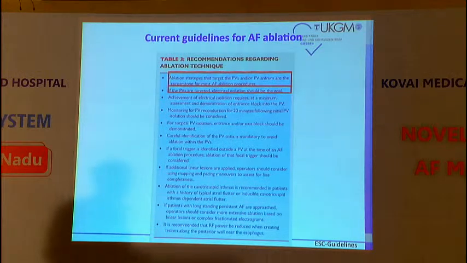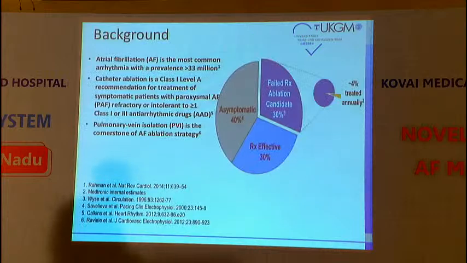But what is the reality in the world? The reality is, as we discussed today, 40% of the patients are asymptomatic. We have symptomatic patients. And how many patients are really treated annually? 4% by catheter ablation. This has different reasons.